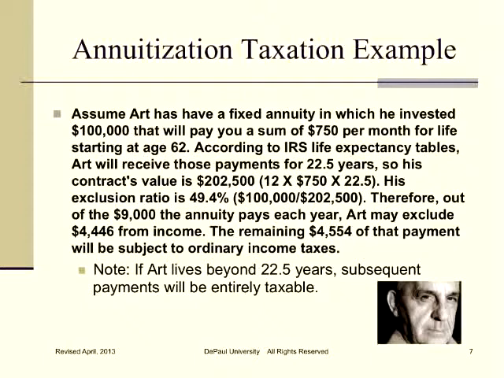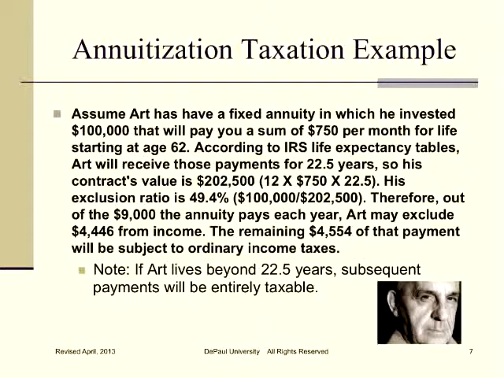He started with $100,000, and if he's going to get $750 per month times 12 times 22 and a half years, that's going to equal $202,500. We then divide the $100,000 by the $202,500, which is his total amount, and that will determine that the exclusion ratio is 49.4%.